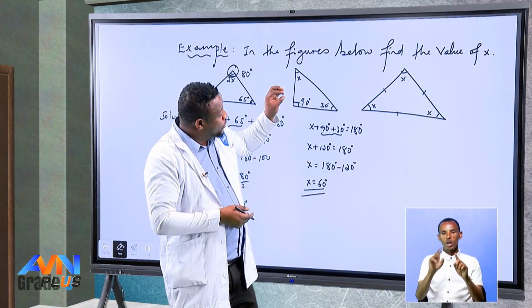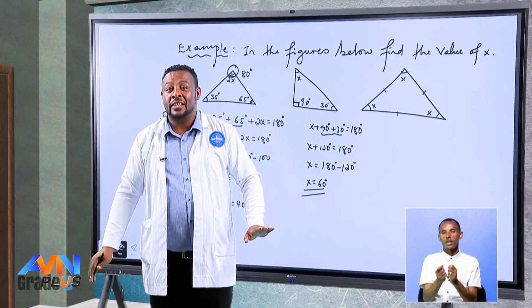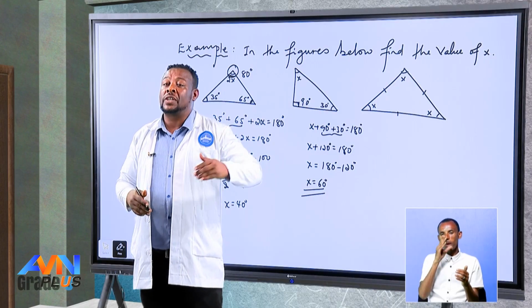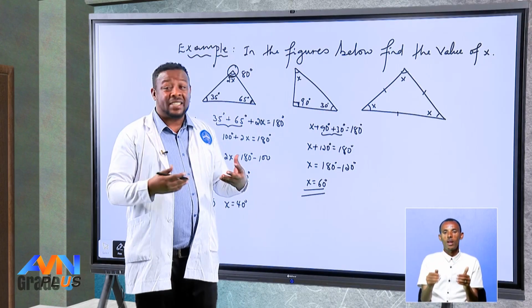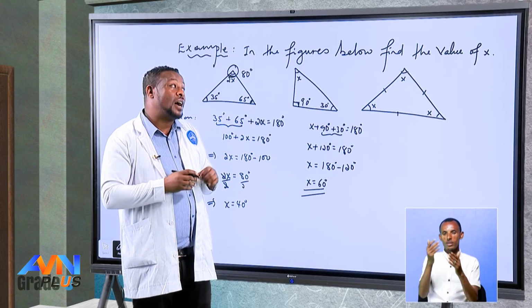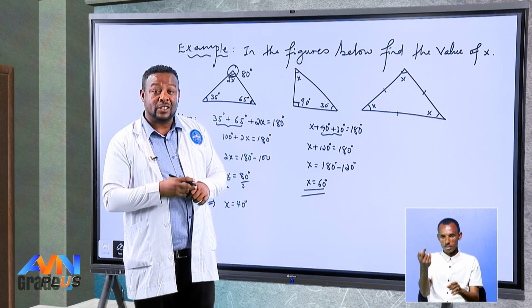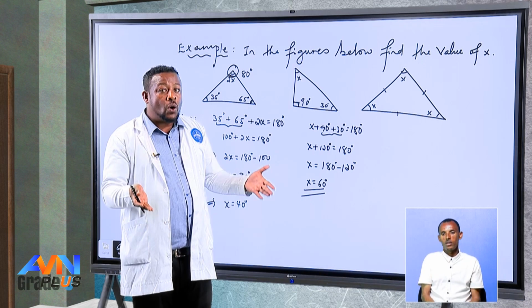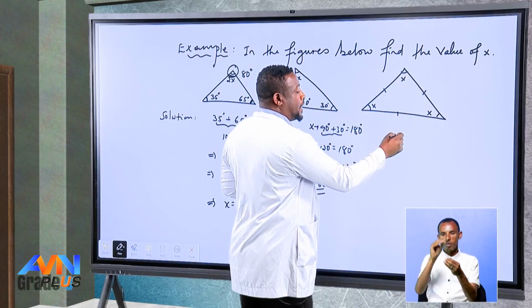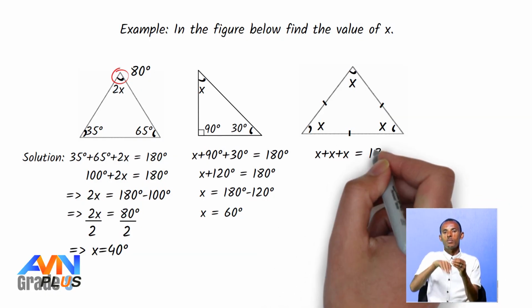When we go to the third triangle, it's given that the triangle is an equilateral triangle, meaning that all the sides of the triangle are the same. That means by default, the interior angles will be the same. So you will follow the same procedure. The sum of these angles, x plus x plus x, must give us 180 degrees.